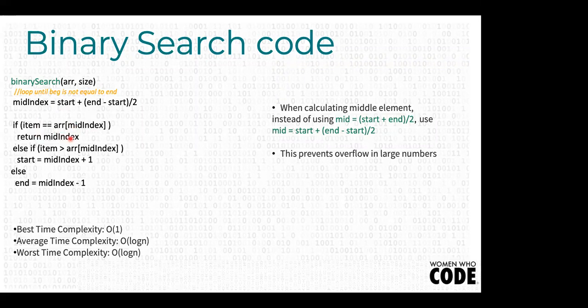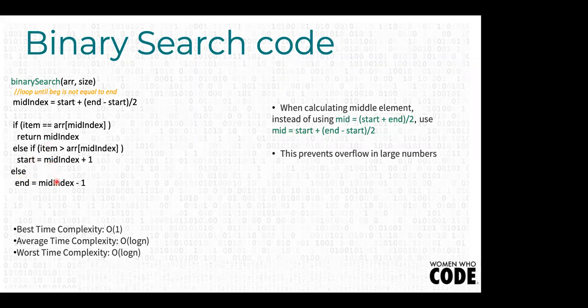If it's the same, we have found the target, so we return that right away. If it's not, then I just have to adjust my start and end pointers. If the target that I'm looking for is greater than the middle element, then I just have to move the start to mid index plus 1, which is moving my start from 0 to the midpoint. So I don't have to look at the elements in the left-hand side.